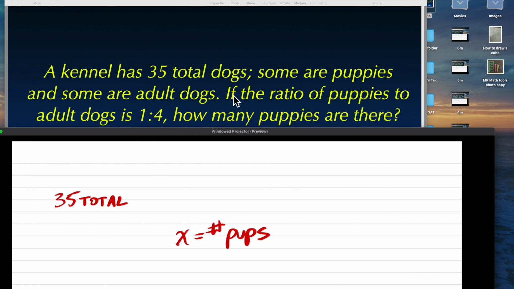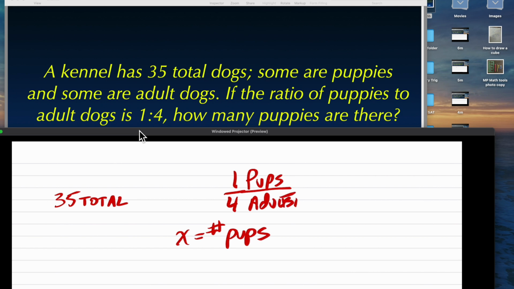Now, the ratio of puppies to adults is 1 to 4, which means there's 1 pup for every 4 adults.